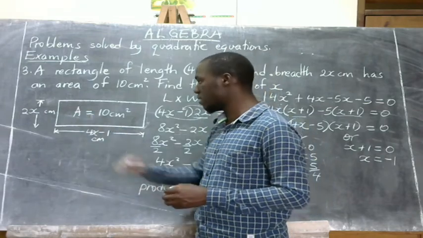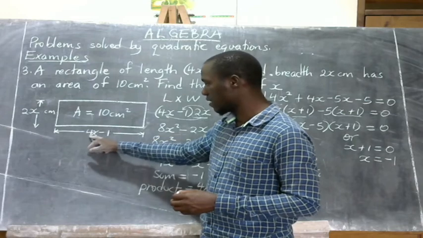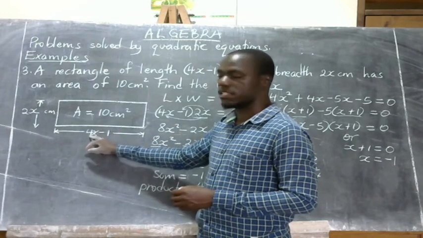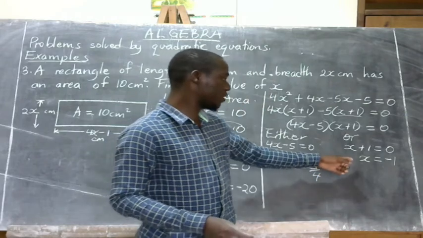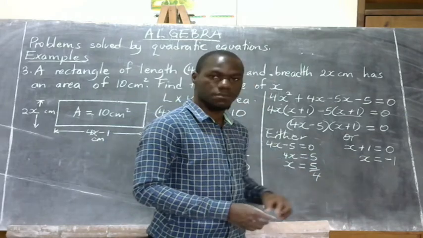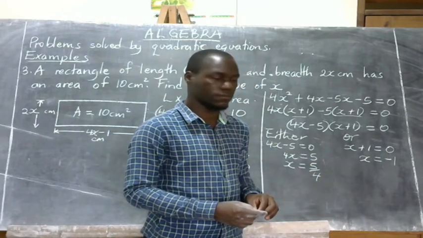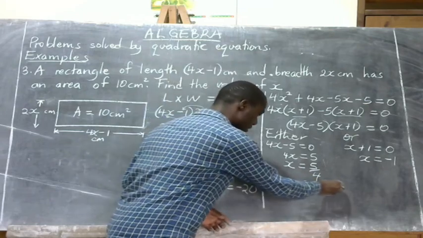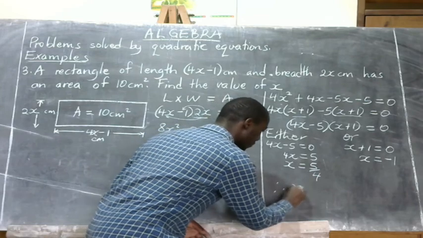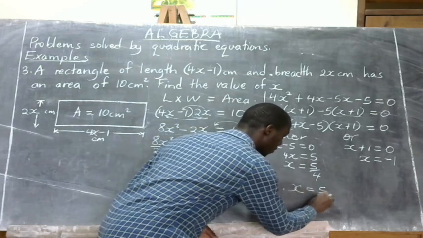So they can never be negative. Even if you put a negative here, this is going to be negative 5. So this negative solution, we just eliminate it. Then the correct value of x is 5 all over 4.